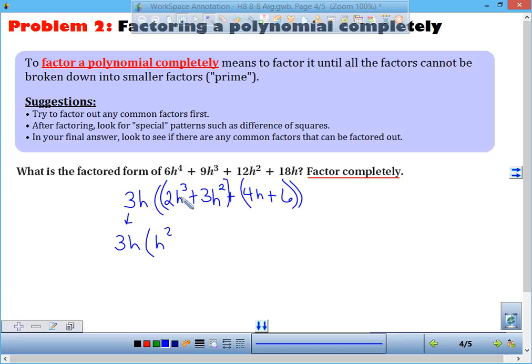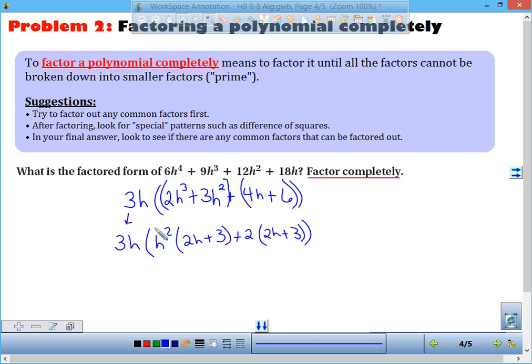But I can take an H squared out of both of those. And then what I have left would be 2H plus 3. And then the next one, I can take a 2 out of both 4 and 6, but I can't take an H out of both of them. So I'm just going to have 2 as my GCF. And then 2H plus 3.